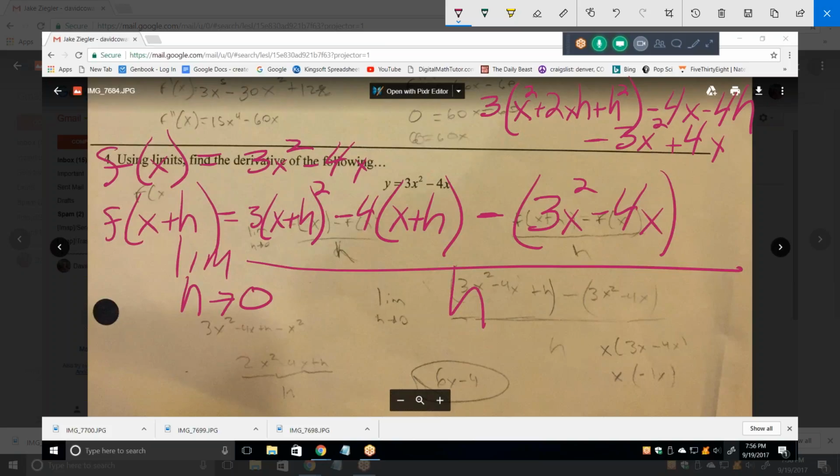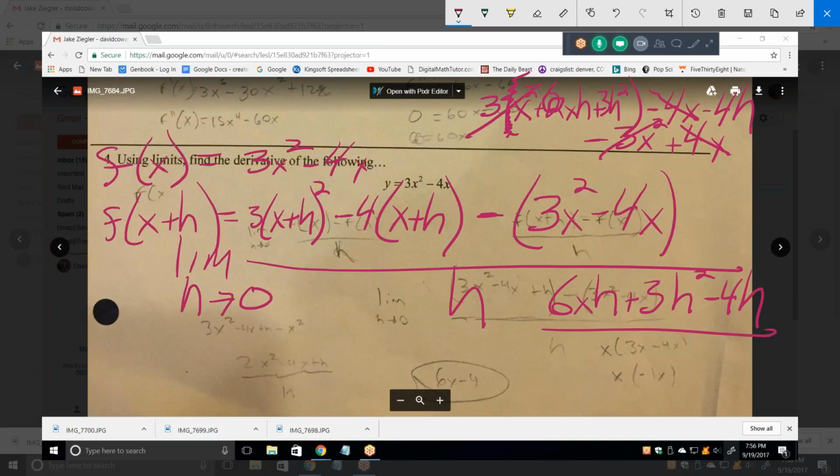Now distribute the 3, make that a 6, and remove the parentheses. Notice I got a plus 3x squared and a minus 3x squared, a plus 4x and a minus 4x. Well, what does that leave me? That leaves me 6xh plus 3h squared minus 4h in the numerator.